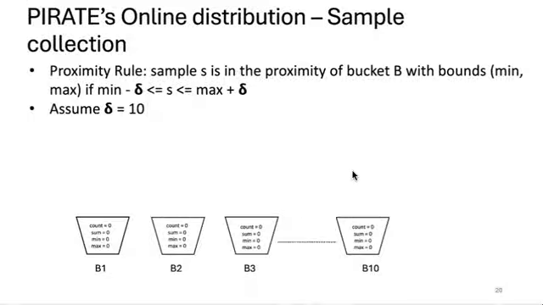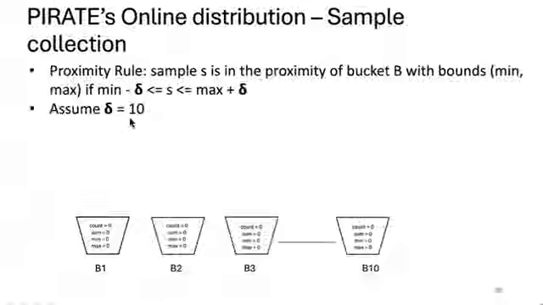We try to find the candidate buckets as the samples arrive using the proximity principle. According to the proximity principle, a sample S is said to be in proximity to an existing bucket B with bounds min and max if it falls in the range min minus delta to max plus delta.